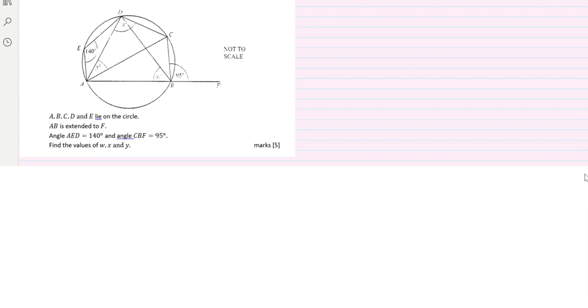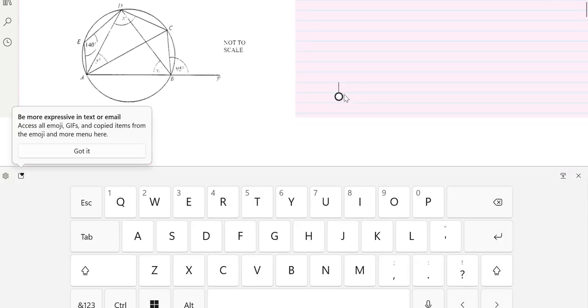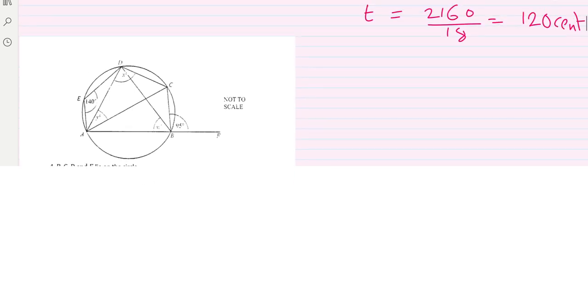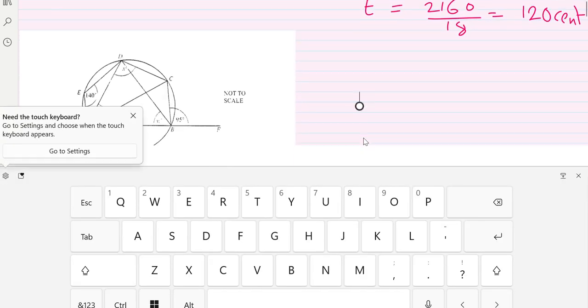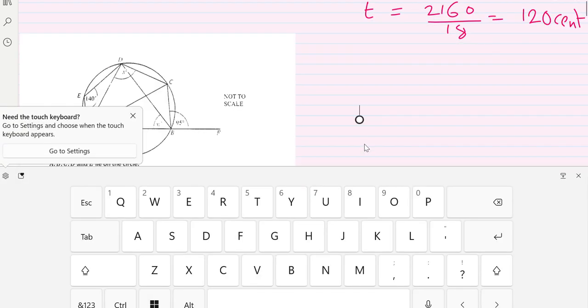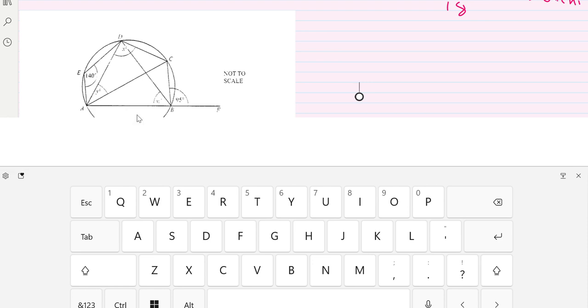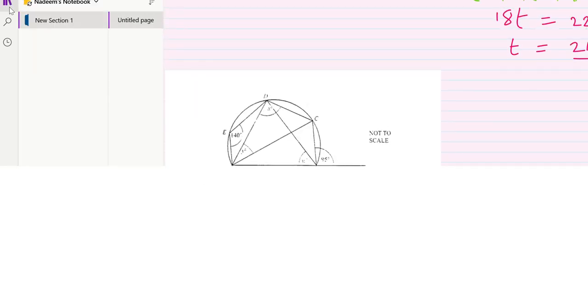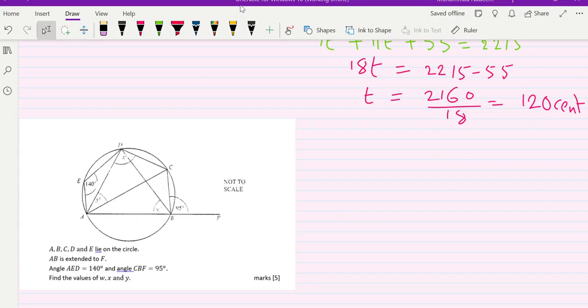Find the values of W, X, and Y. So we need to work out the missing values. First of all, let's work out the value of X.